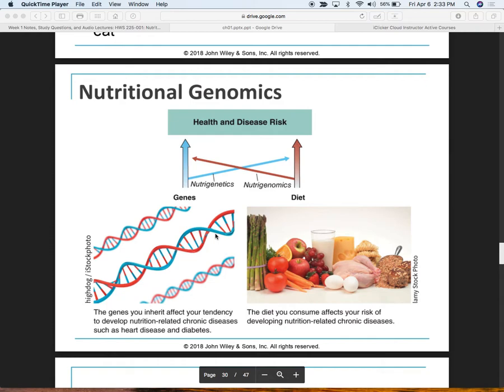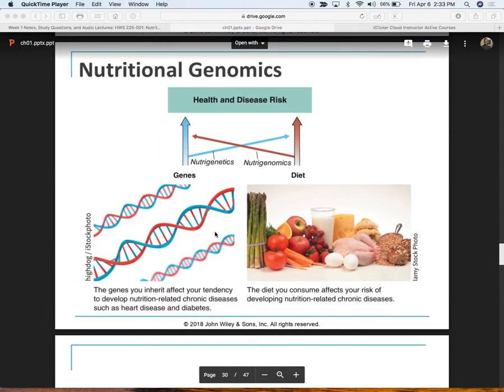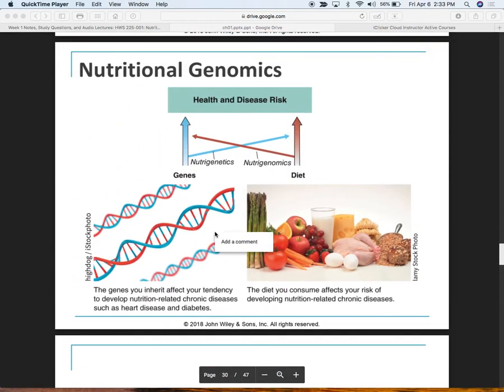Couple other things in regards to this. Not only do the genes that exist within you and the polymorphisms that exist within your genome affect your responsiveness to different types of diet and exercise programs, but there's another level called nutrigenomics.